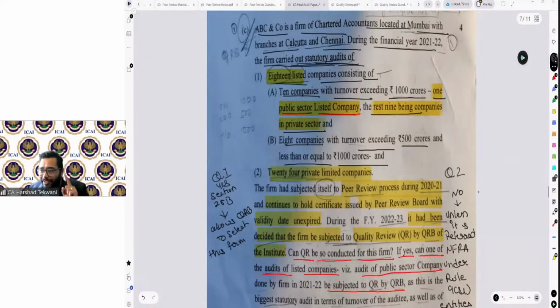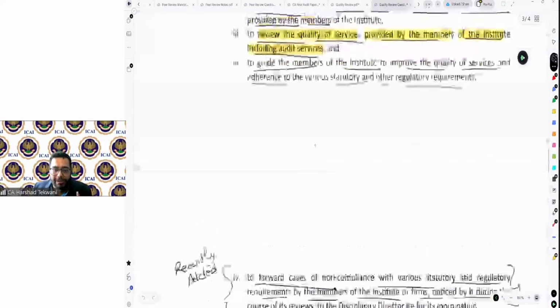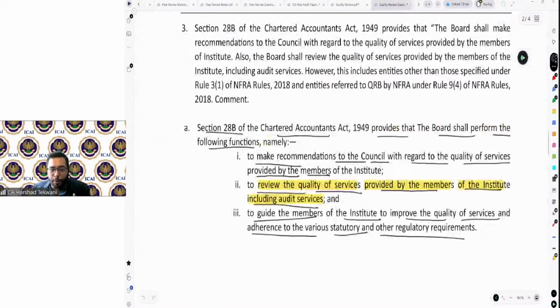Question 1, yes. Because of the section 28B of the Chartered Accountant Acts, Quality Review Board can review. Section 28B empowers the Quality Review Board to review the quality service provided by the members.